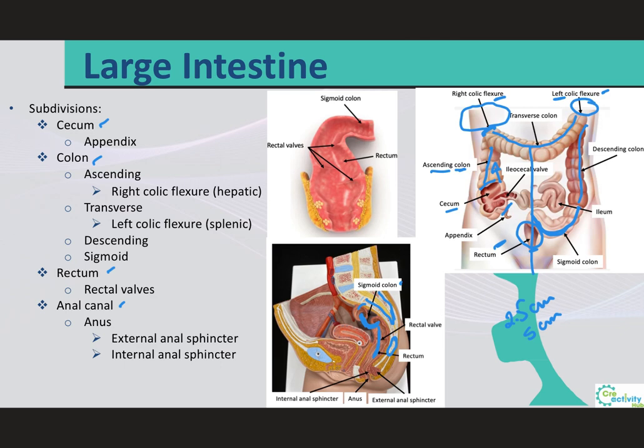Even though rectum is Latin for straight, this structure will actually follow the curved contour of the sacrum, and it will have 3 lateral bends that will create a trio of internal transverse folds that are called rectal valves, which we can see right over here.